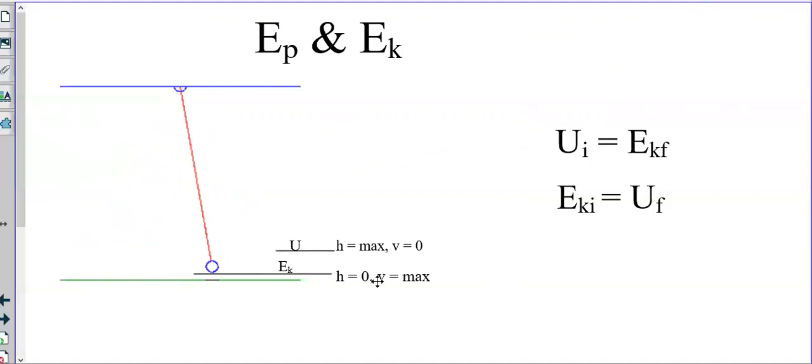So I just need to point out that for a system like this, if we're ignoring all friction and energy loss, your initial gravitational potential energy at the highest point of the swing must be equal to its final kinetic energy at the lowest point of the swing. Likewise, if we're starting at the lowest point and it's going up to its highest point, we can go backwards and say the initial kinetic energy must be equal to your final gravitational potential energy, because energy cannot be created or destroyed.